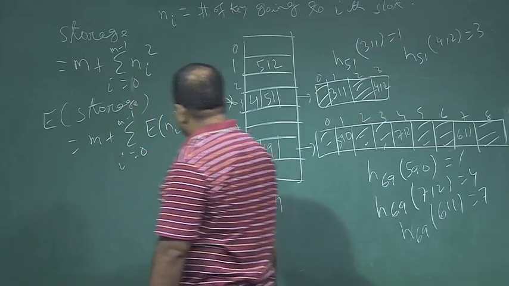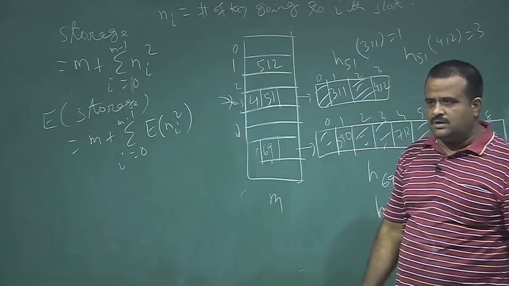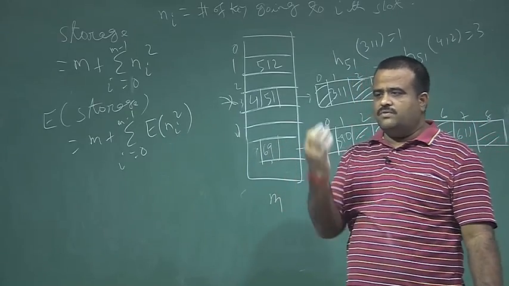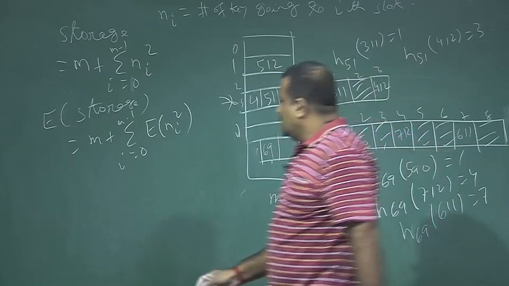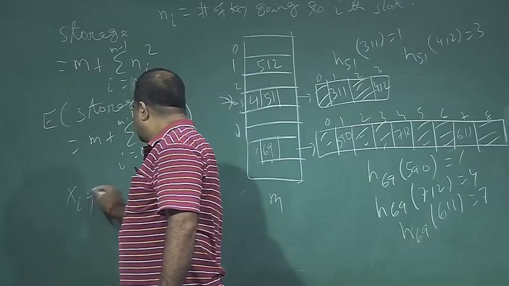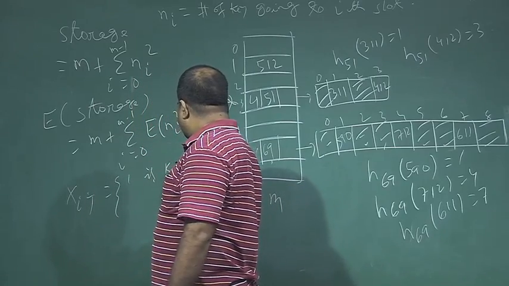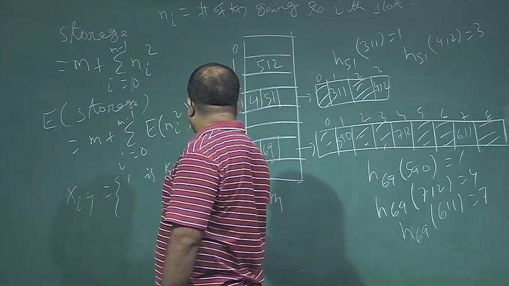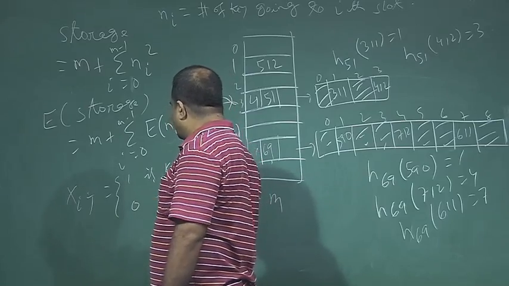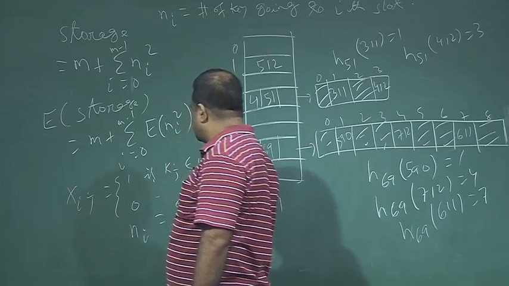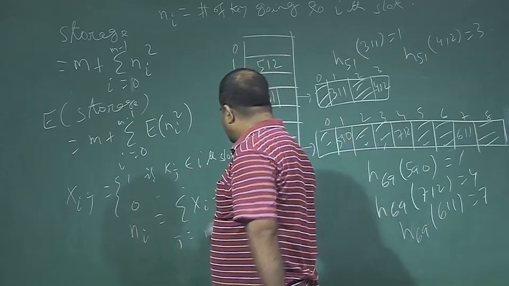Now, this is a similar analysis to the sorting algorithm called bucket sort. If we have n keys distributing into buckets, and we denote x i j as 1 if the key k j goes to the ith slot or ith bucket, 0 otherwise, then n i is basically the summation of x i j, j running from 1 to n.